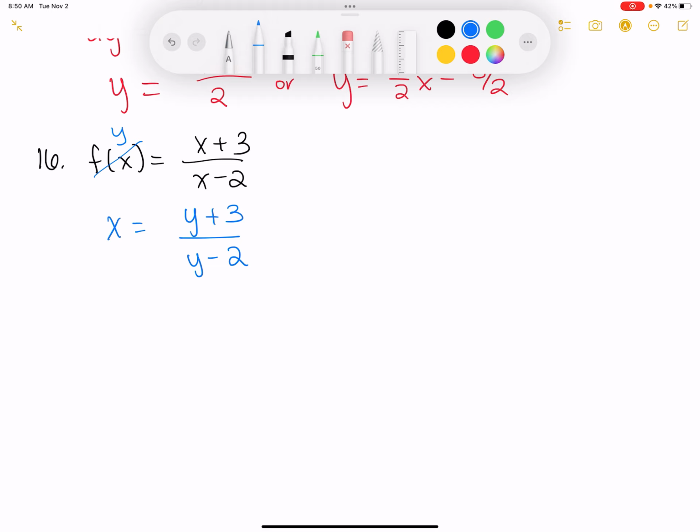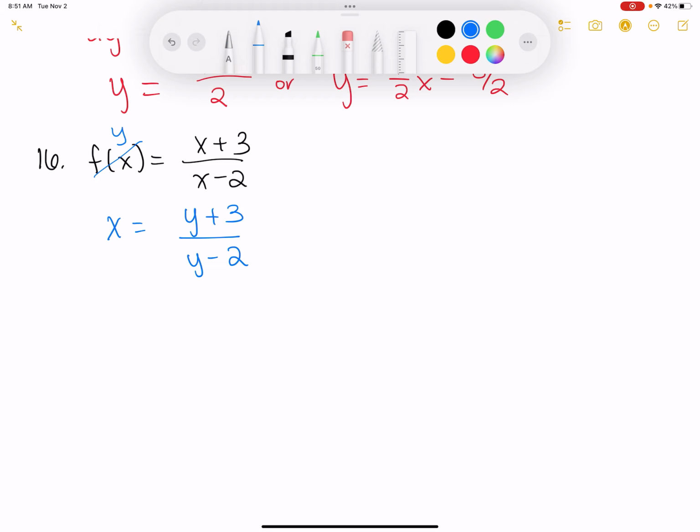Theories, philosophies on what I should do now. Because I need y by itself. Could you multiply? By what? What if you multiply by the bottom? So multiply it by y minus 2.